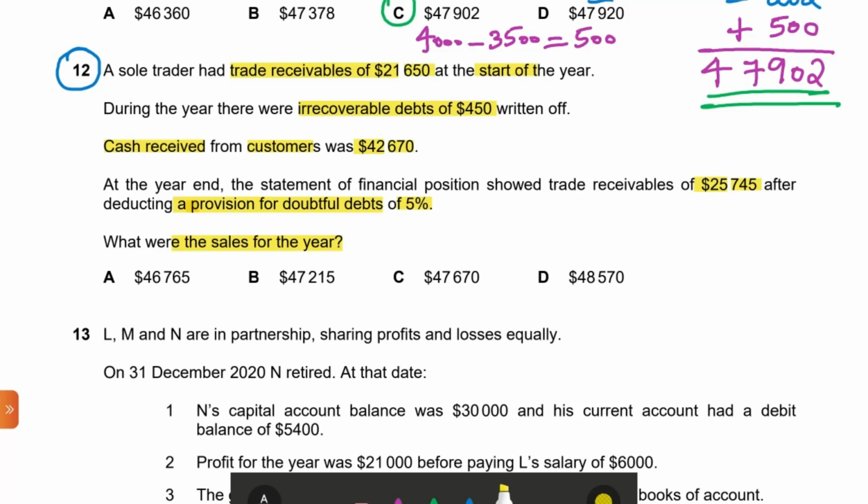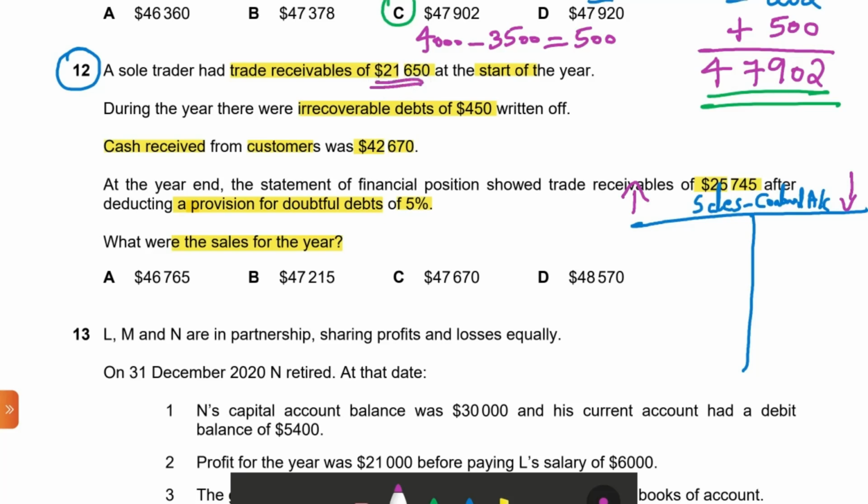Otherwise we can open a control account, the sales ledger control account. The easy tip: increasing debtors on the debit side, decreasing debtors on the credit side. So here the opening trade receivable 21,650 on the debit side.